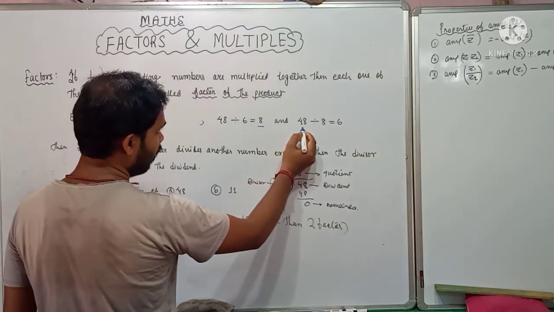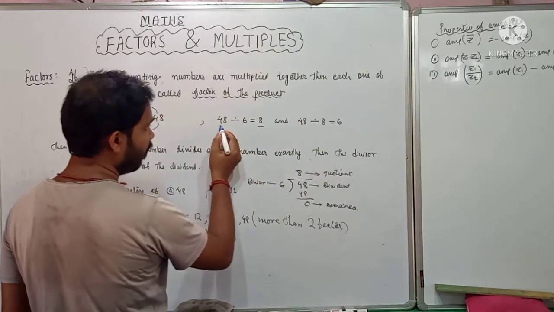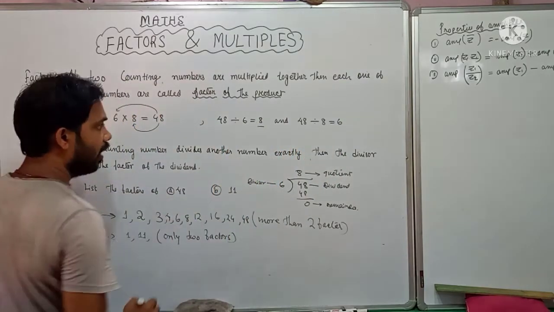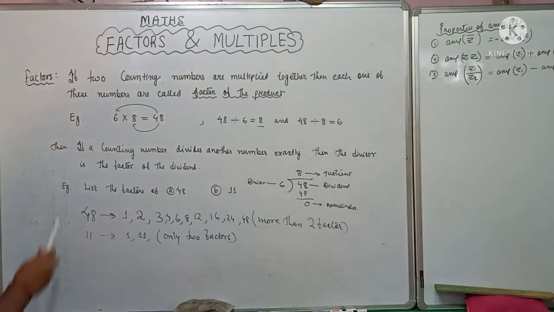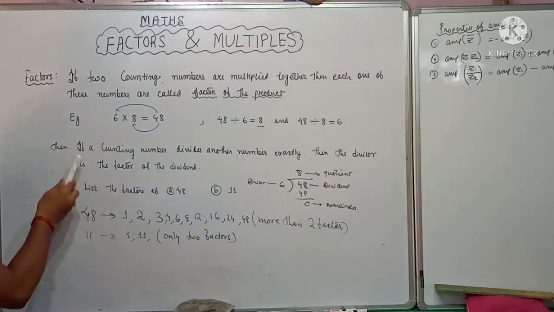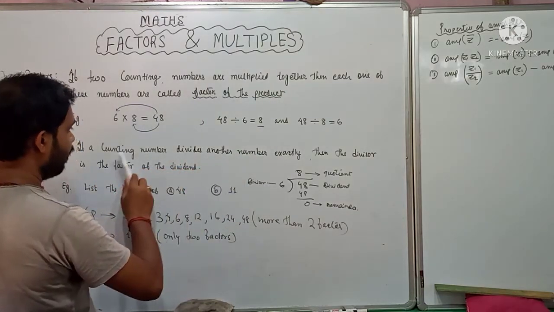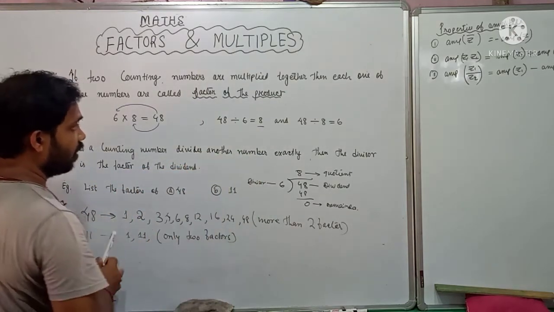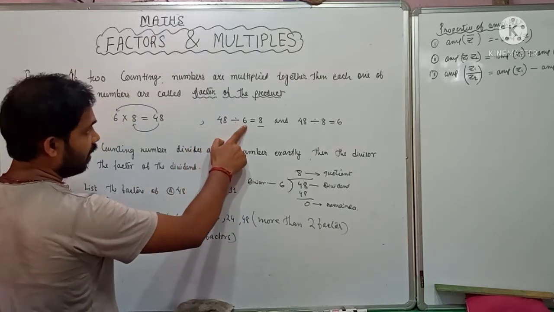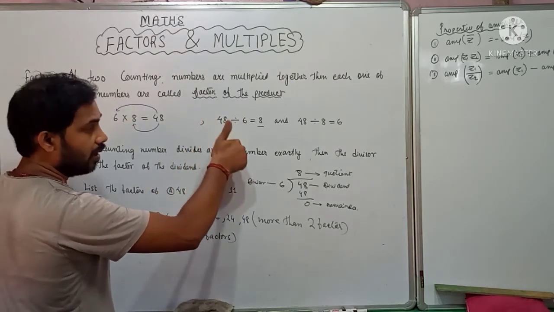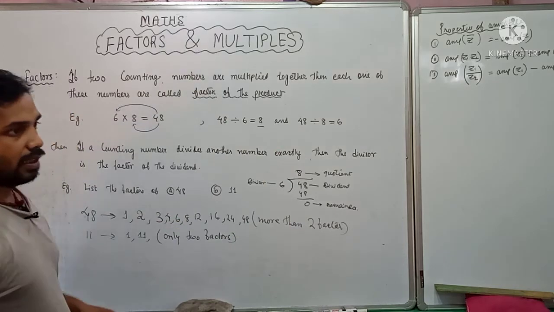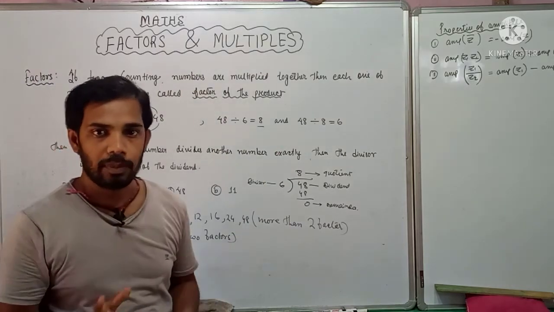So then what I can say: if a counting number divides another number exactly, what is meant by exactly? Exactly means it divides totally, leaving no remainder.